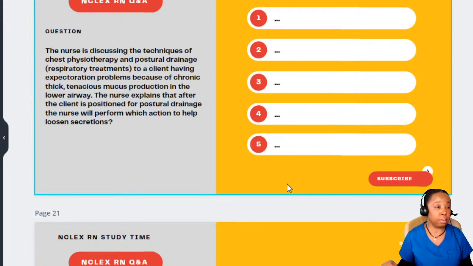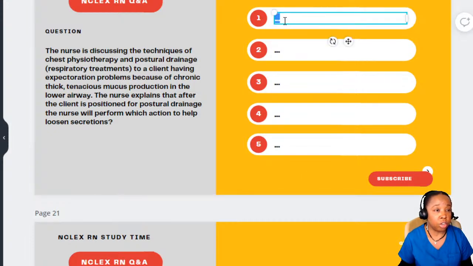So they would like to know what the nurse will do when doing postural drainage for the patient just to remove the secretion. They would like to know how the nurse will perform the procedure, and what will be the best action for the nurse to help get the secretion removed.